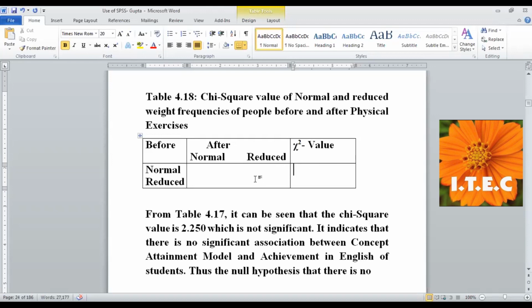Now here, the normal before is 18, and reduced is 50. After is 26.